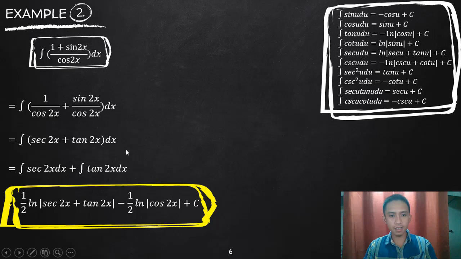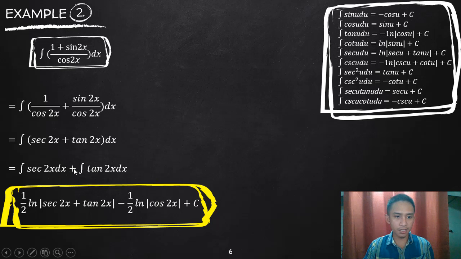The second term is the integral of tan u, which falls under this formula. Again, let's check: your u is 2x, du should be 2 dx. So there is a missing 2. I will add that one and at the same time balance that by 1/2. But the integral of tangent is negative ln cos u.